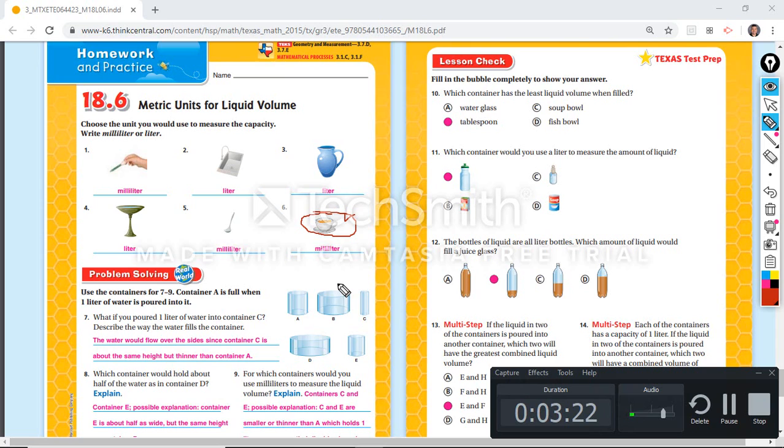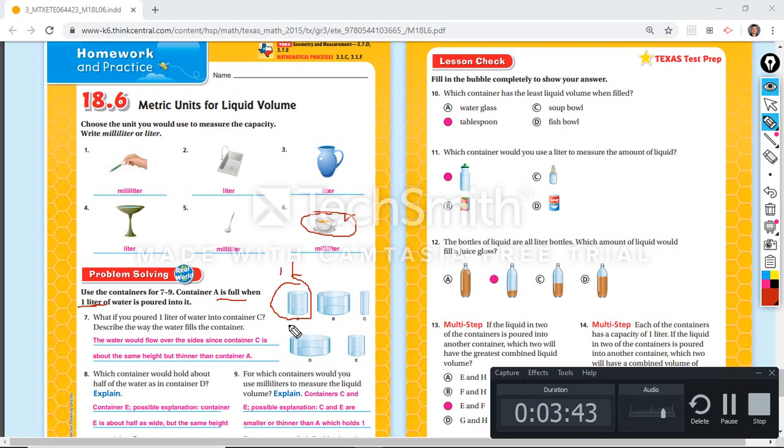So we got the answers for questions 7, 8, and 9. So what if you poured 1 liter of water, and knowing that this one is 1 liter, because they say that container A is full when 1 liter of water is poured. So if they fill this one up, that's 1 liter. That's the key to know.